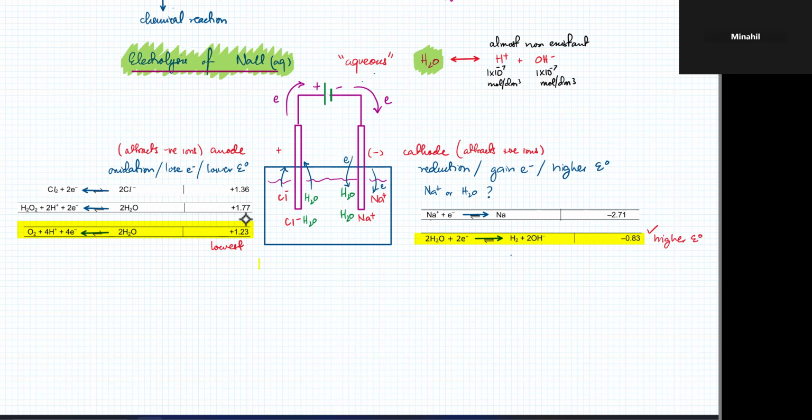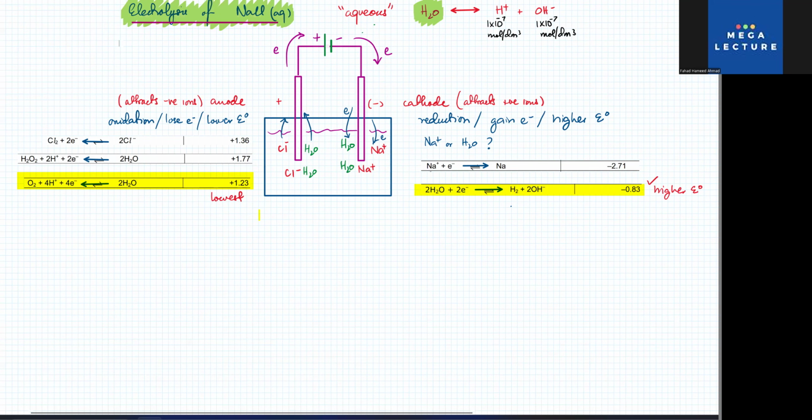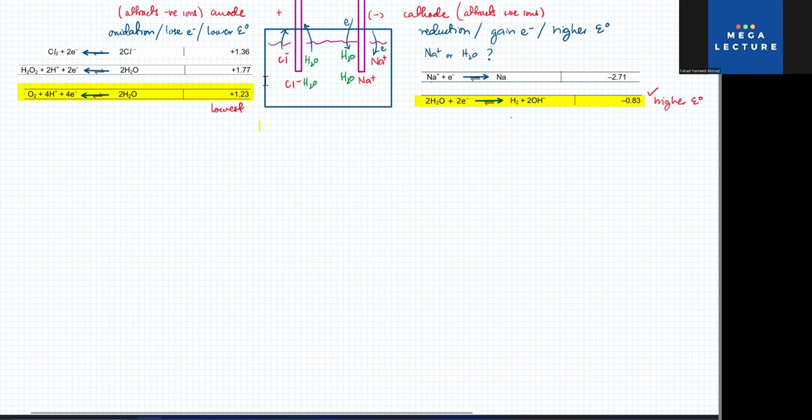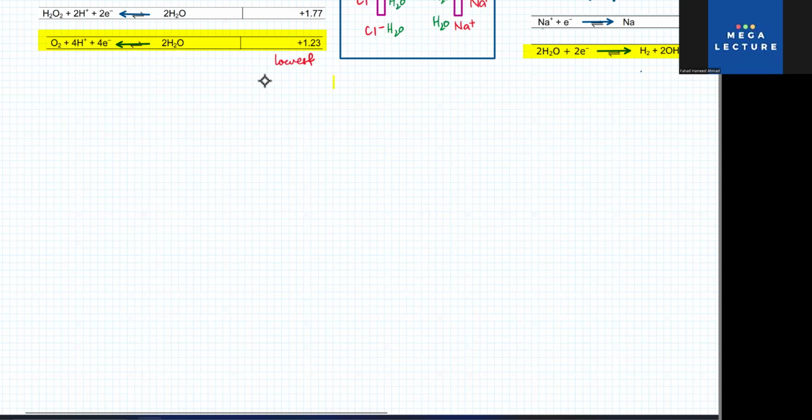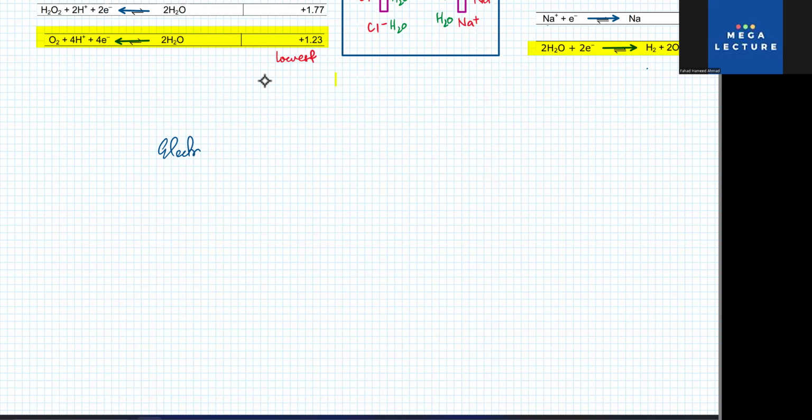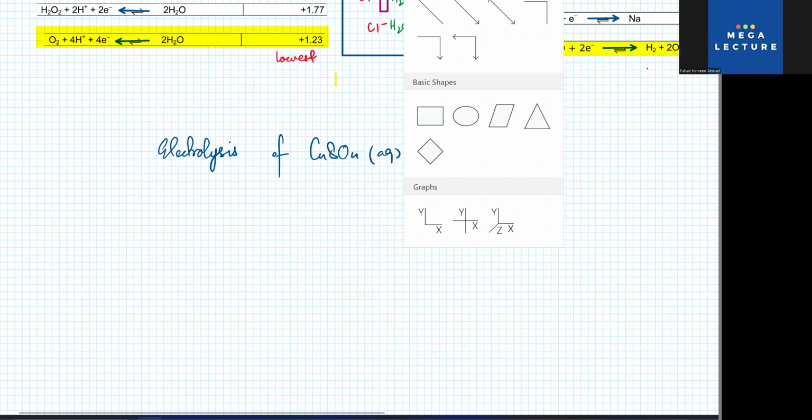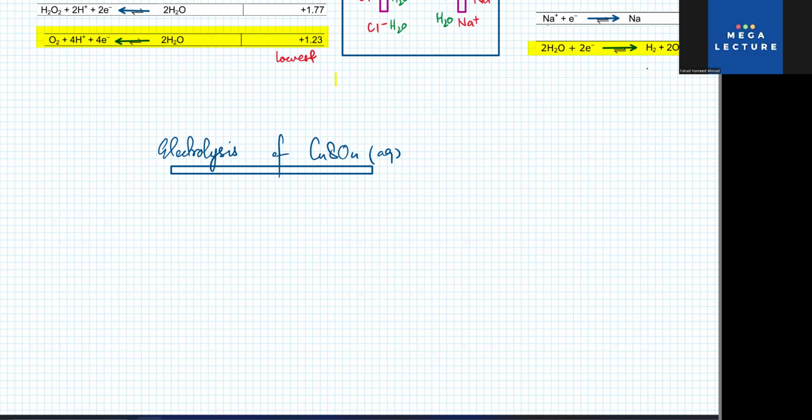so the other thing is that we'll do more electrolysis. We can do copper sulfate, aqueous, right? So electrolysis of copper sulfate, quickly. Now I'm not going to waste a lot of time copying the equations, so let's try and do this as quickly as possible.